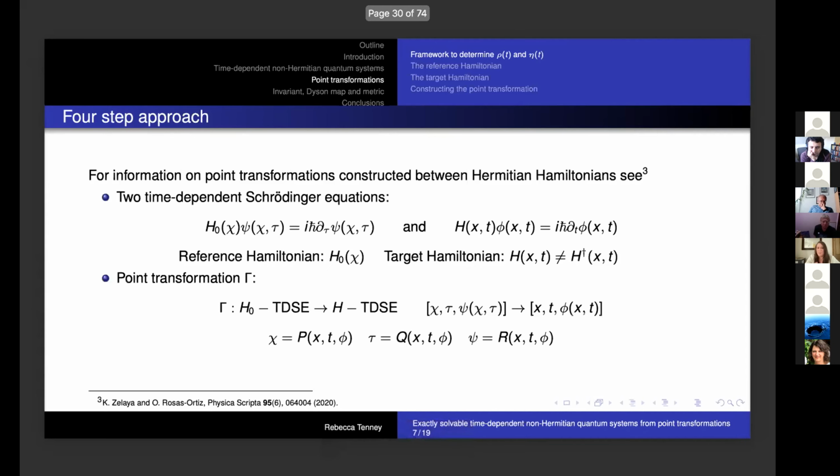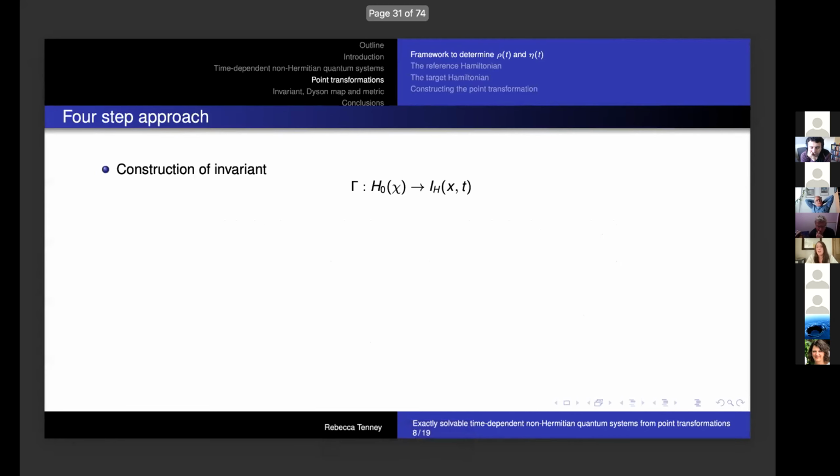In the second step, we now need to construct a point transformation between these two time-dependent Schrodinger equations. So essentially what we're looking for is chi, tau, and psi in terms of x, t, and phi. Once we have then constructed that point transformation, we can use it to act directly on the reference Hamiltonian to produce the invariant for the target Hamiltonian.